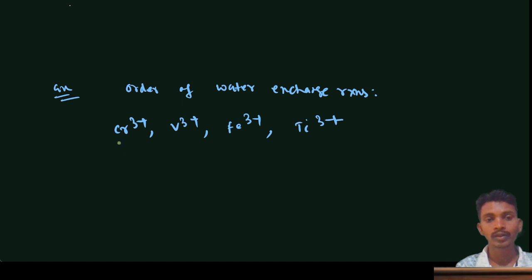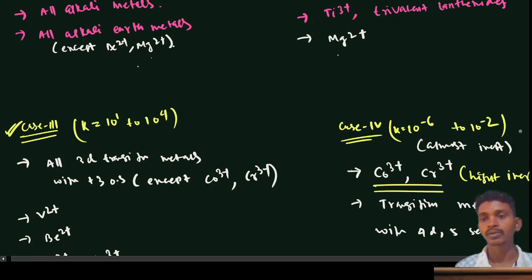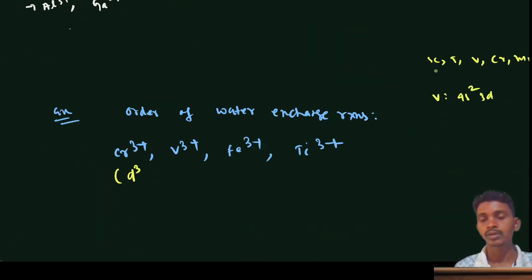So we see that chromium 3 plus is D3, and it will fall after scandium, titanium, vanadium. Scandium, titanium, vanadium, chromium, manganese, ferrous: this is 21, this is 22, this is 23.